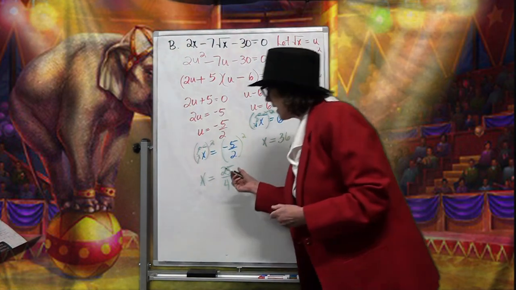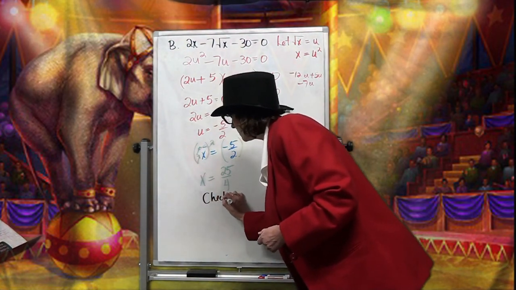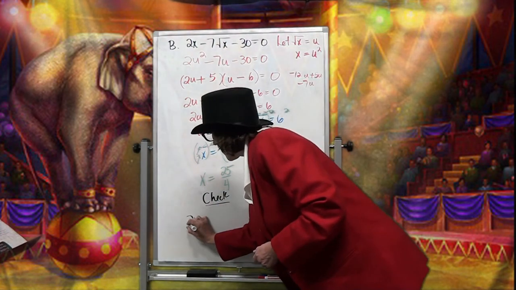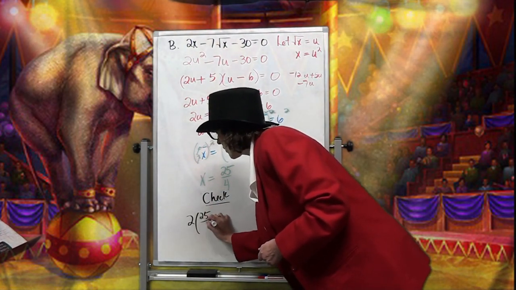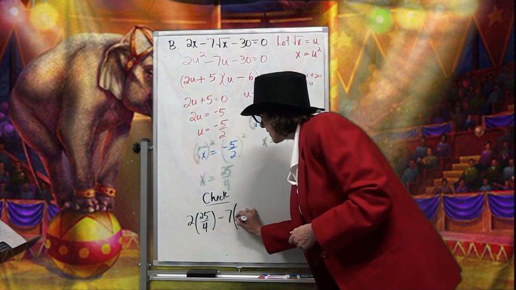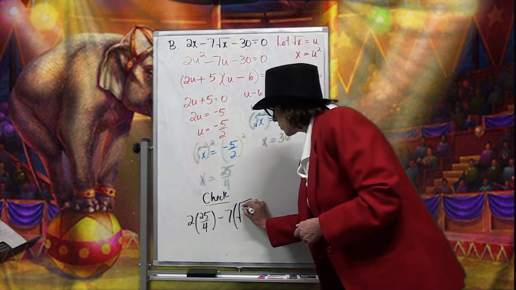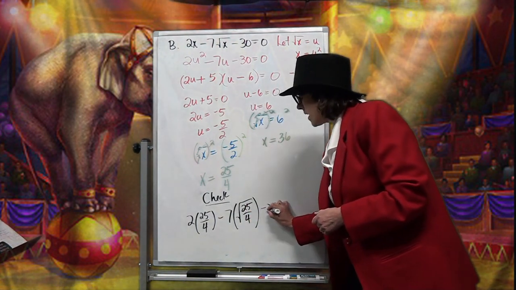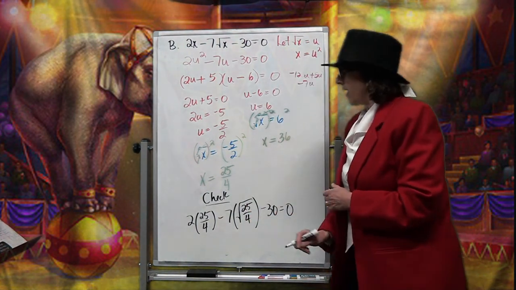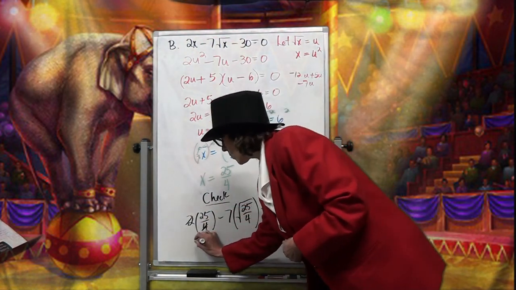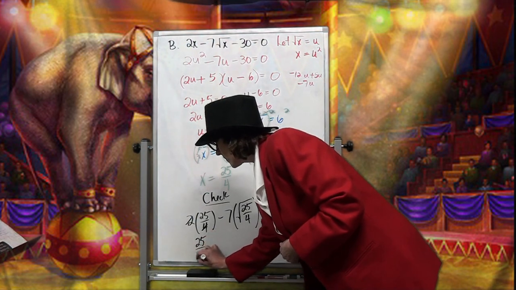So when I check my 25 over 4 and plug that in for x here and here, I have 2 times 25 over 4 minus 7 times the square root of 25 over 4 minus 30. I better come up with a 0 when I do all that. Now here I'm going to cancel the diagonals. 2 goes into 2 once, 2 goes into 4 twice. I get a 25 over 2.